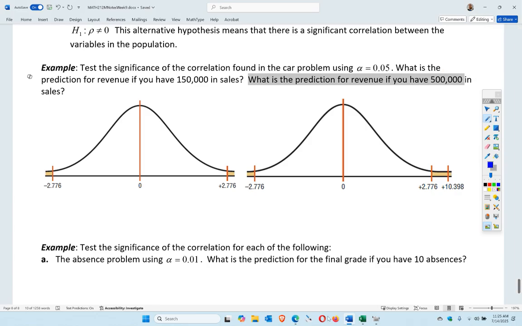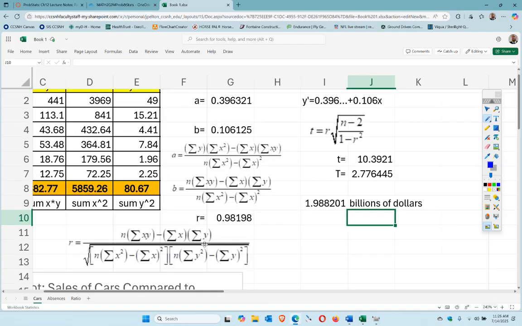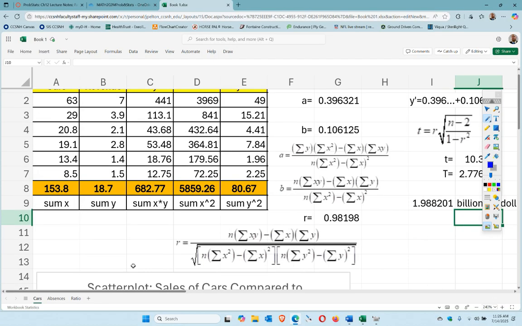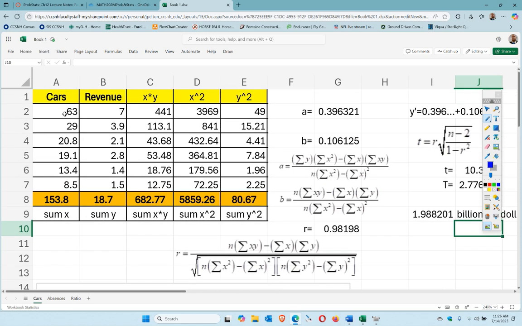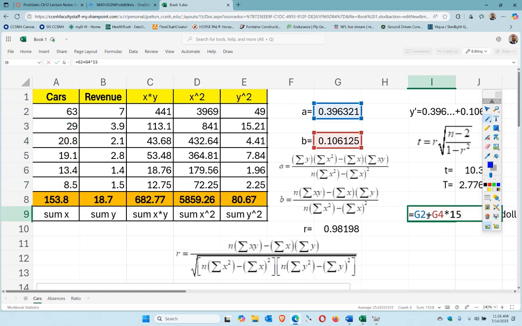Yes, but if you look at the data, right? Let's go back to the data. 500,000, right? Because 15 is 150,000. That's 200,000. That's 63.